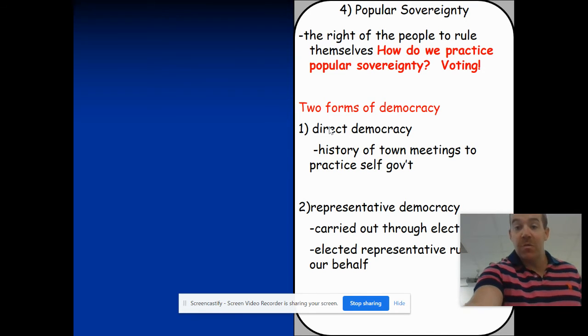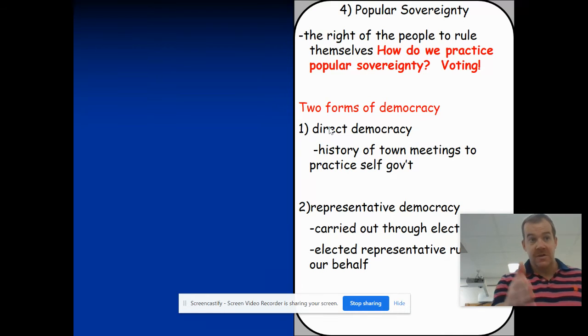The one that we really look at within our government is representative democracy. All right, so in Congress you have those representatives that represent a certain district, and then you have the senators who represent the entire state. And then once you look at the president, he represents the entire country. All right, so that's the idea behind representative democracy.